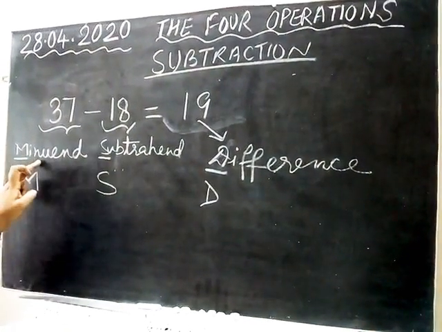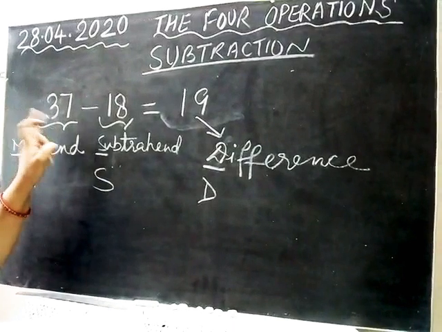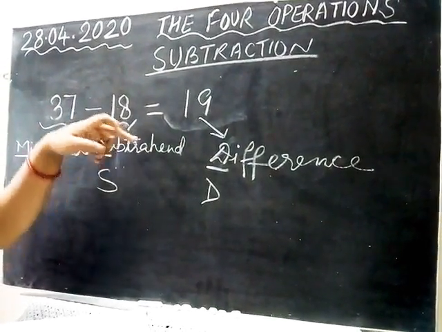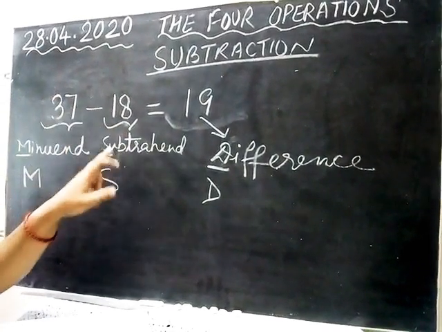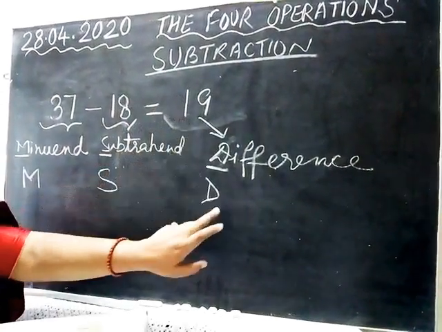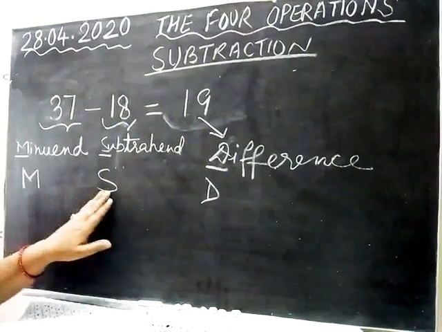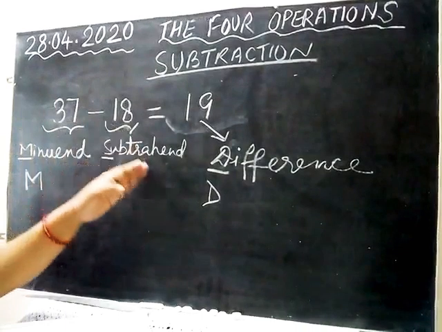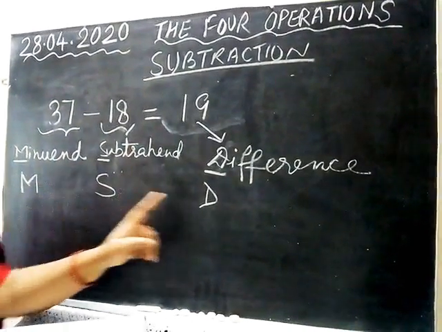M for minuend, the greater number from which we subtract. The smaller number which gets subtracted from the greater number is subtrahend, and the answer we get is D. So this is how you will remember the sequence, so as not to be confused about which is minuend and which is subtrahend. So this is MSD.